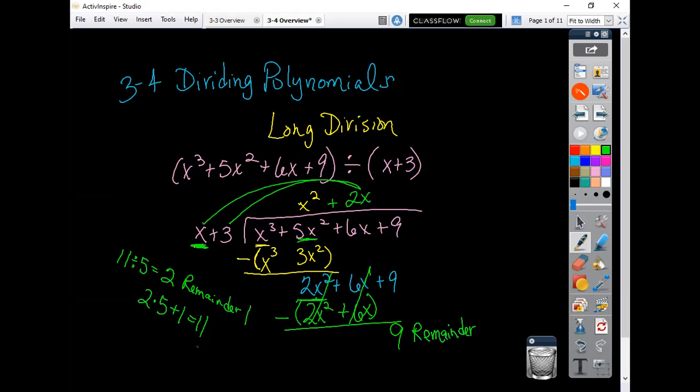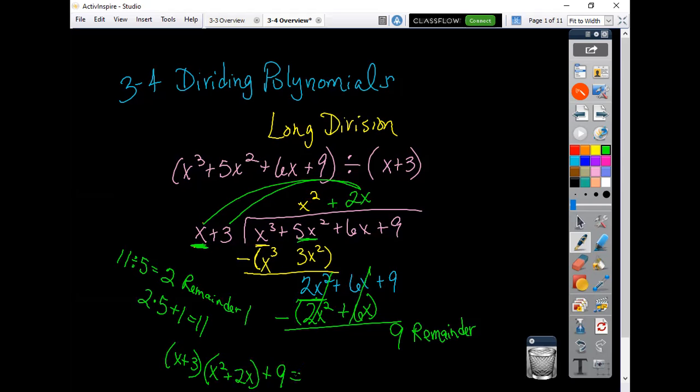So in our problem, how would that one be written out? That would be written out as the x plus 3 times the quantity x squared plus 2x, plus your remainder. We still need our remainder added on.